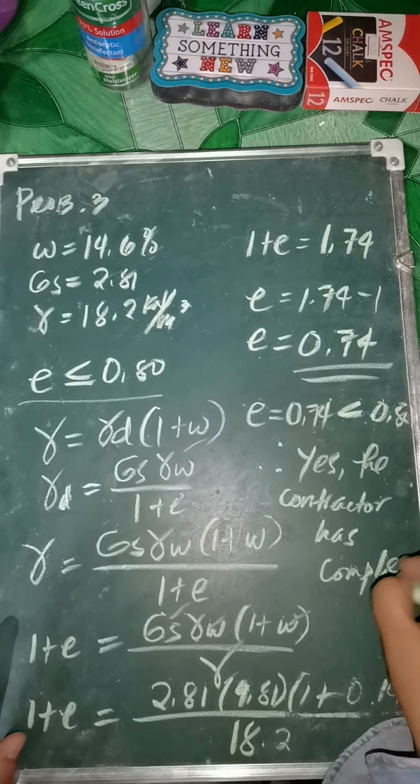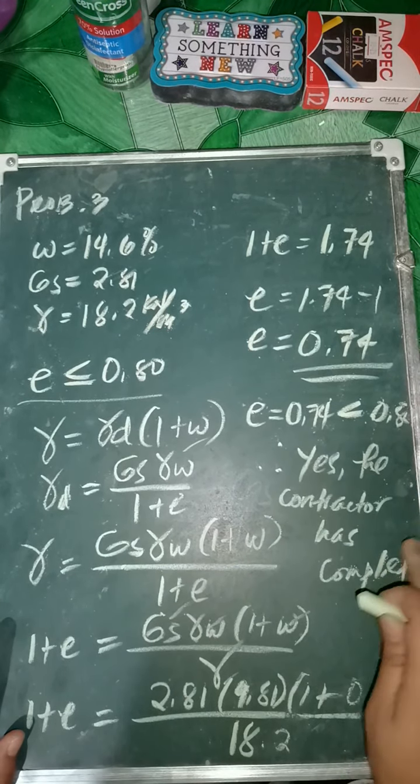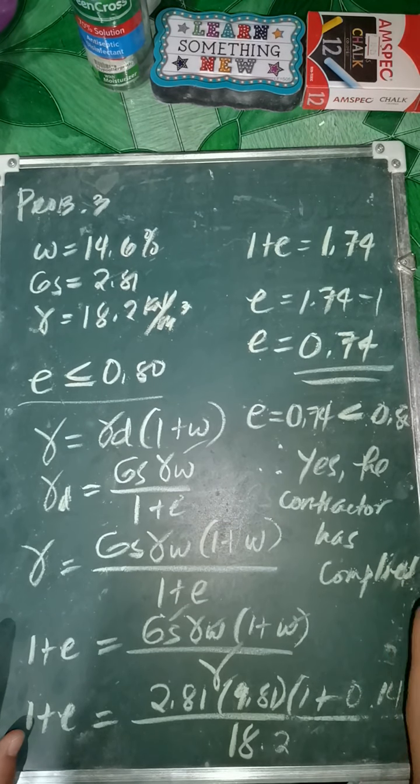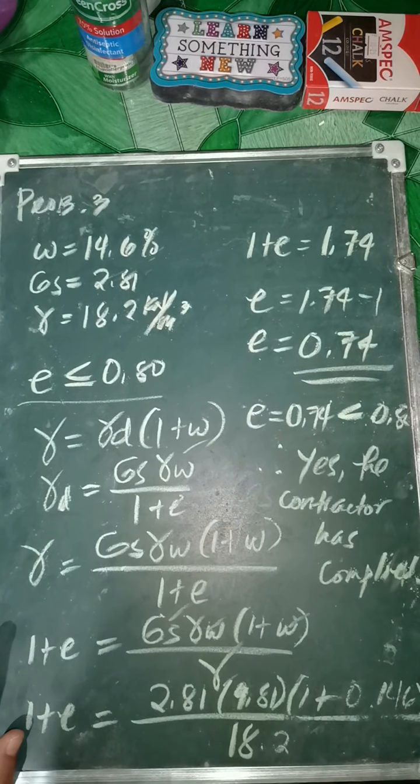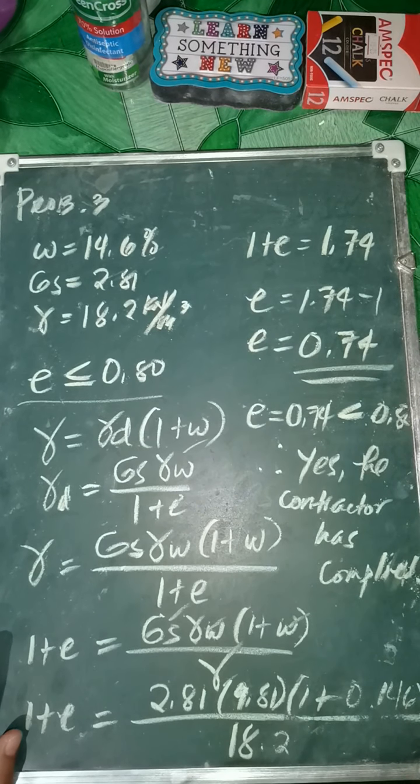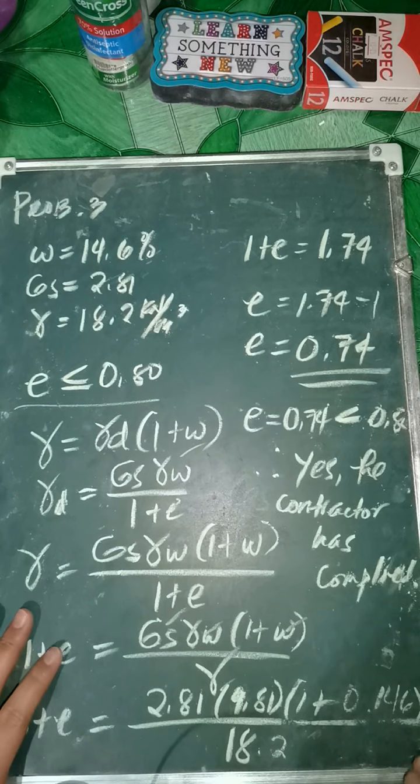So, 0.74 is lesser than 0.80. And that answers our problem number 3.